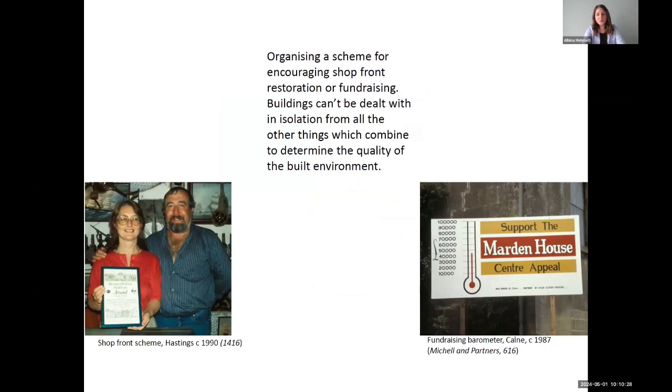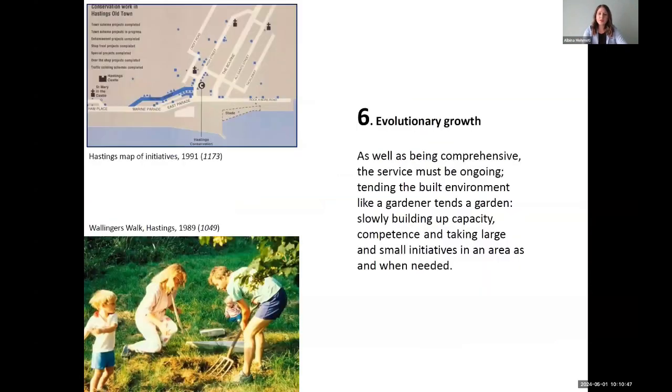This can be a practice where not only the restaurant can benefit from this reconstruction, but also the city, the town, and the locals can benefit from this monument which is added into their city. The sixth one is evolutionary growth.